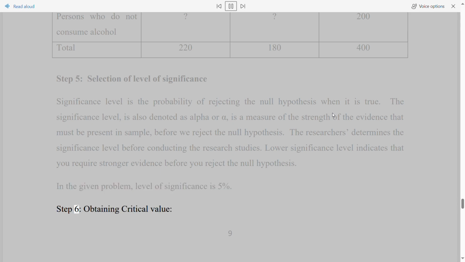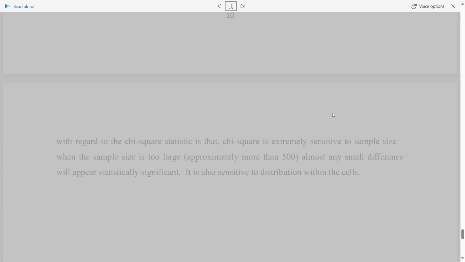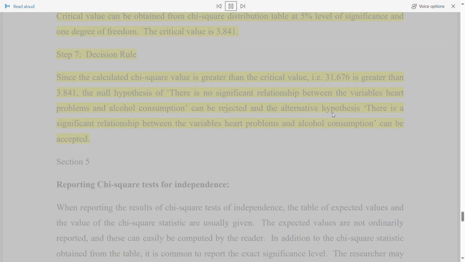Step 6. Obtaining the critical value. The critical value can be obtained from the chi-square distribution table at 5% level of significance and 1 degree of freedom. The critical value is 3.841. Step 7. Decision rule.